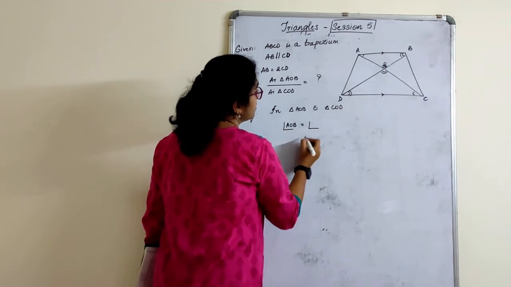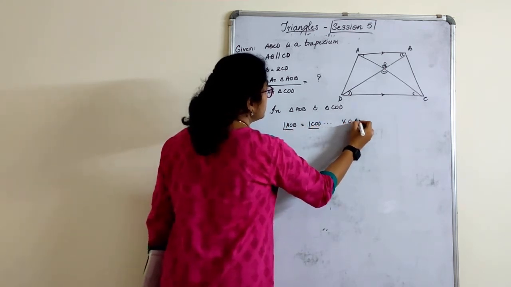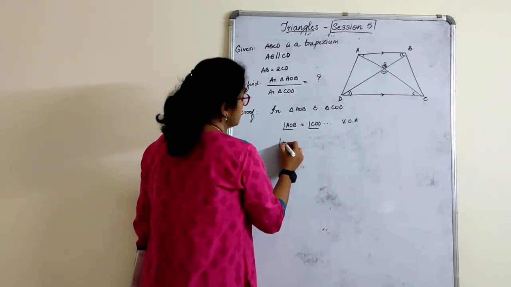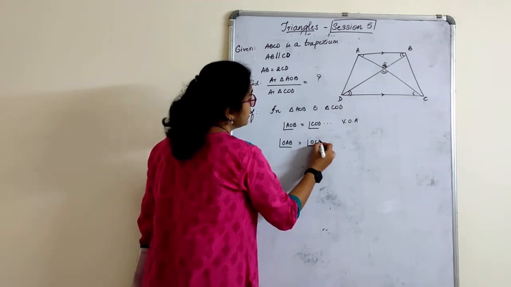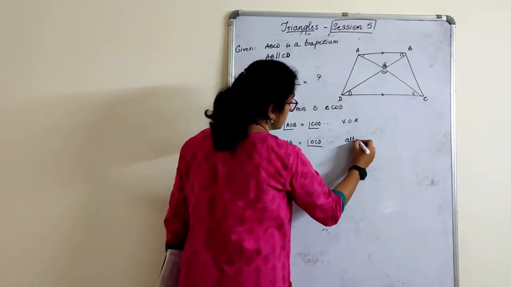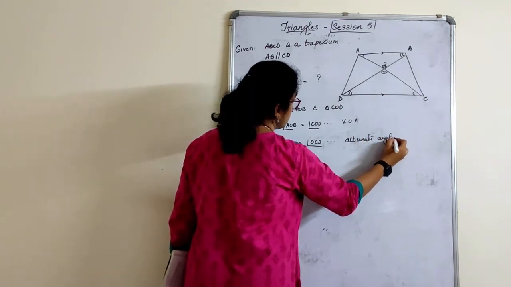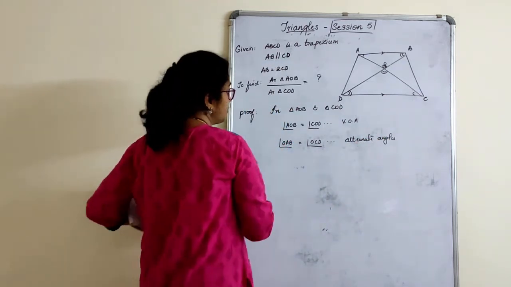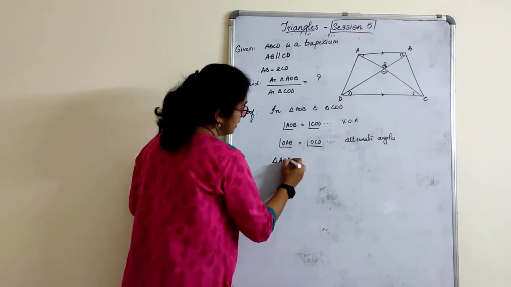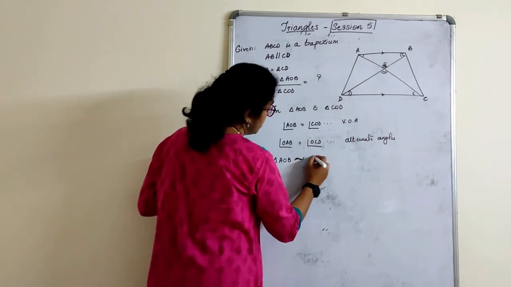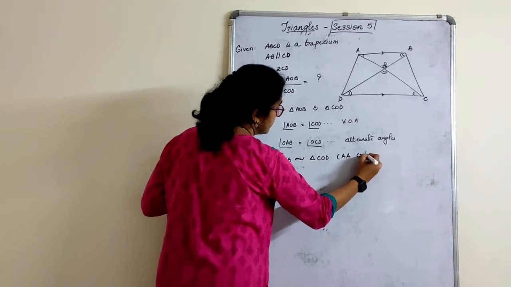Angle AOB is equal to angle COD, vertically opposite angles. Next, angle OAB is equal to angle OCD, alternate angles. So from this, triangle AOB is similar to triangle COD by AA criteria.